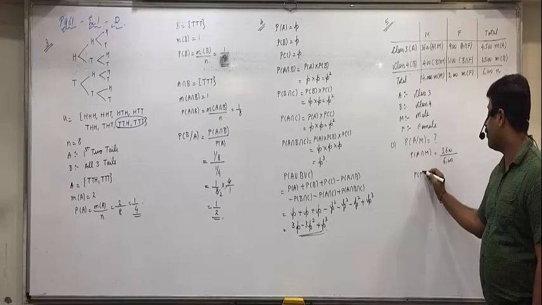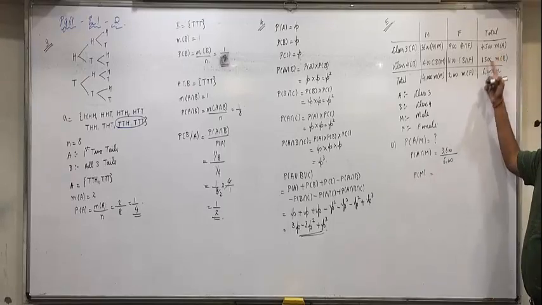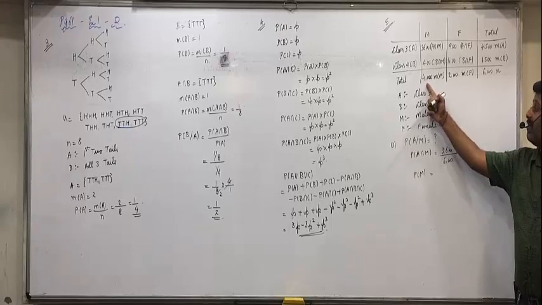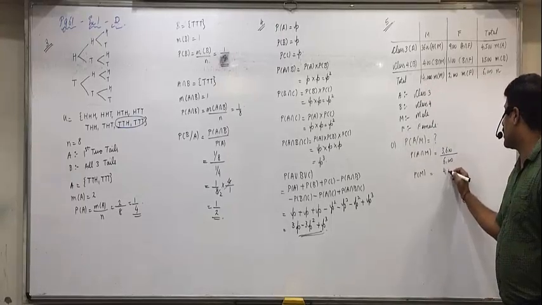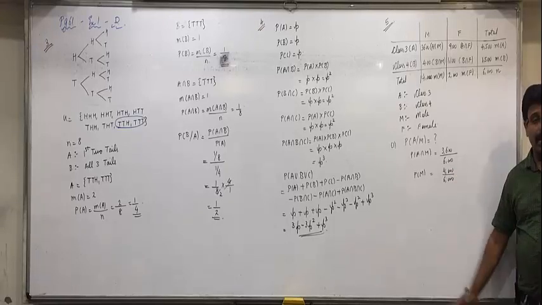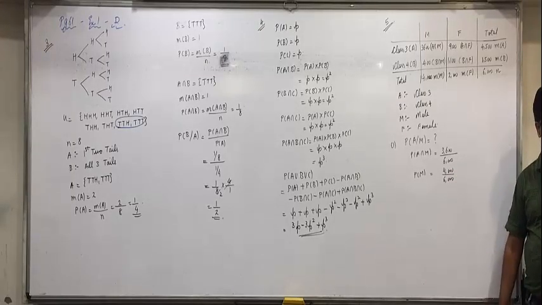P of M. See in the question, N of M. P of M means N of M upon N, 4000 upon 6000. Don't make any cancellations. Now can we apply the formula or not?